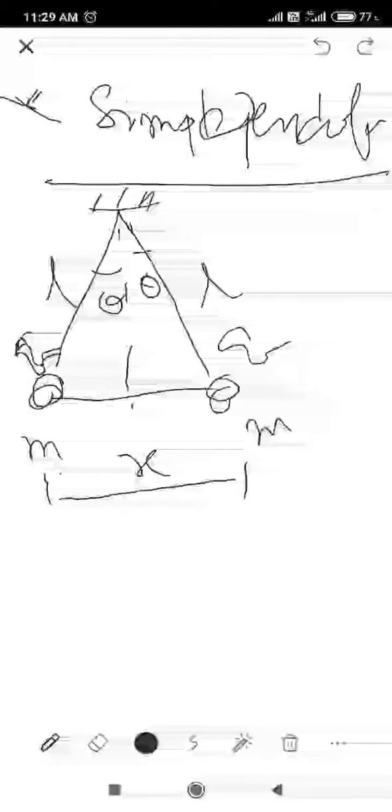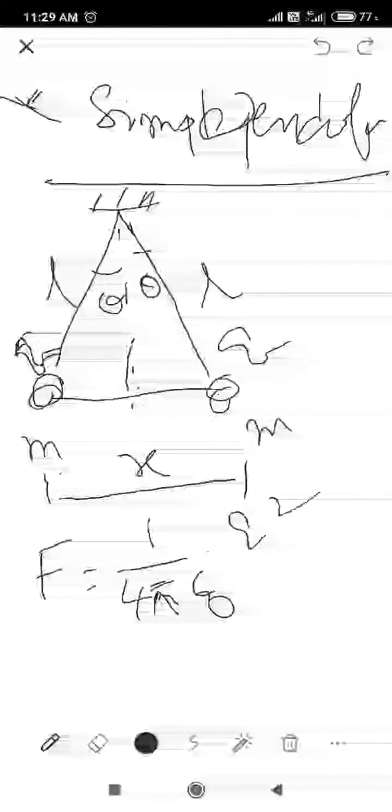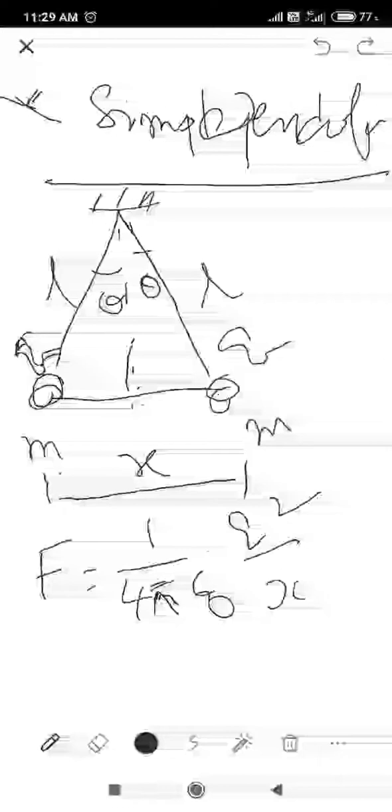Now in this case, what is the force between the two charges? Force between the two charges is equal to 1 by 4 pi epsilon naught into q1 q2, that is q square, divided by distance square, that is x square, and that force on this particular charge is like this.